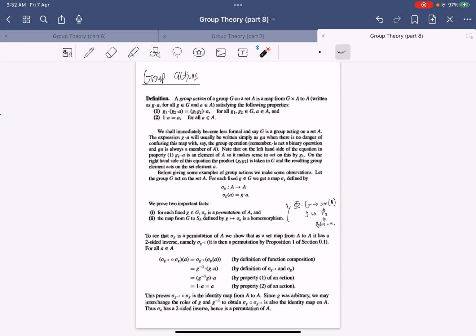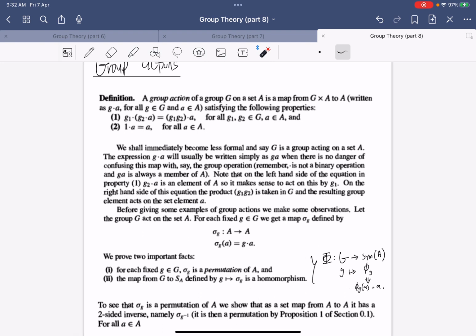What this means is that you take an element in this product and it produces another element A1. And we just write the multiplication sign for convenience. But this function must satisfy some properties, such as associativity and the identity property.